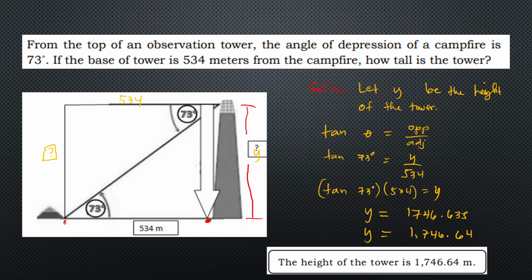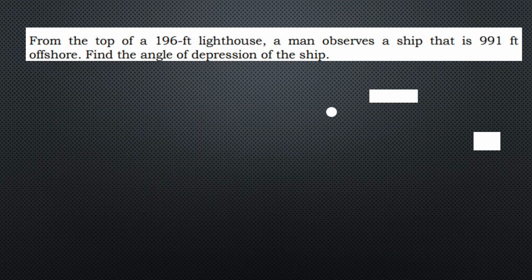Last one example. This time, it will be asking about the angle of depression. For the first three examples, we were solving for the value of the missing side of the right triangle, or the missing length of a particular object indicated in the problem. In this case, it will be the opposite.